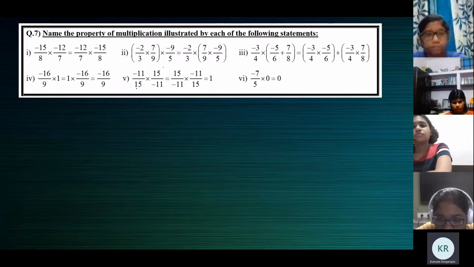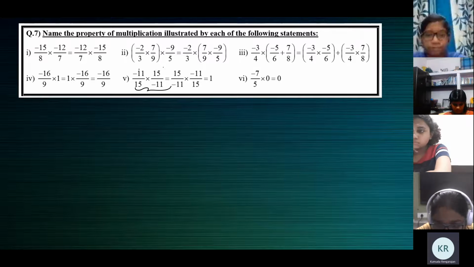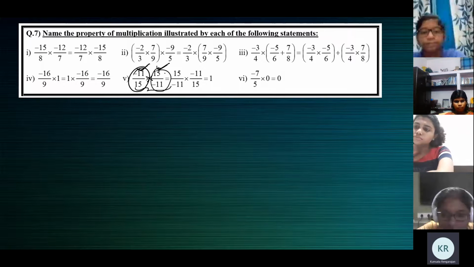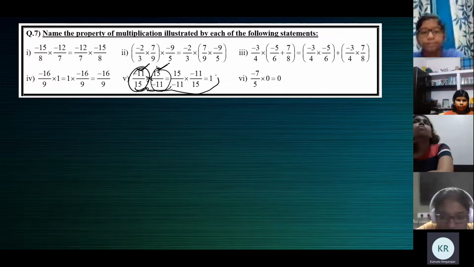See, when you take this one, this is the rational number, this is the multiplicative inverse. The product of a rational number and its multiplicative inverse, what's the answer? The answer is 1. Always 1.